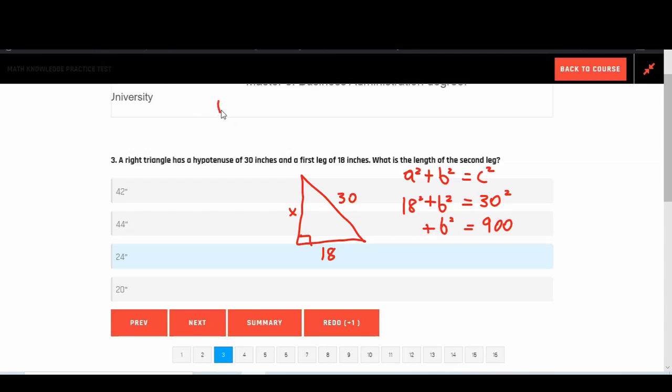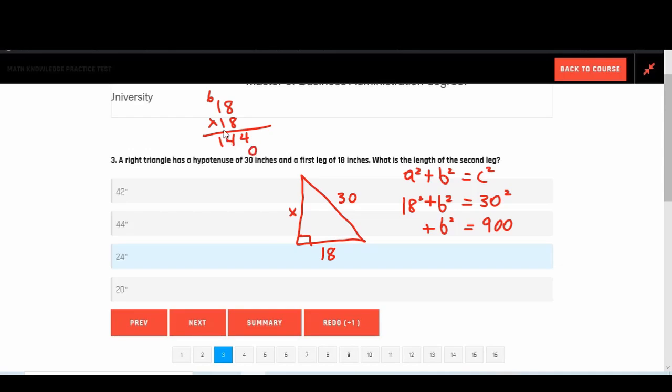18 squared is the same as 18 times 18. You may want to work this one out if you don't know your squares up to 18, which I don't, so there's no shame in working it out. 8 times 8 is 64. Carry the 6. 8 times 1 is 8 plus 6 is 14.